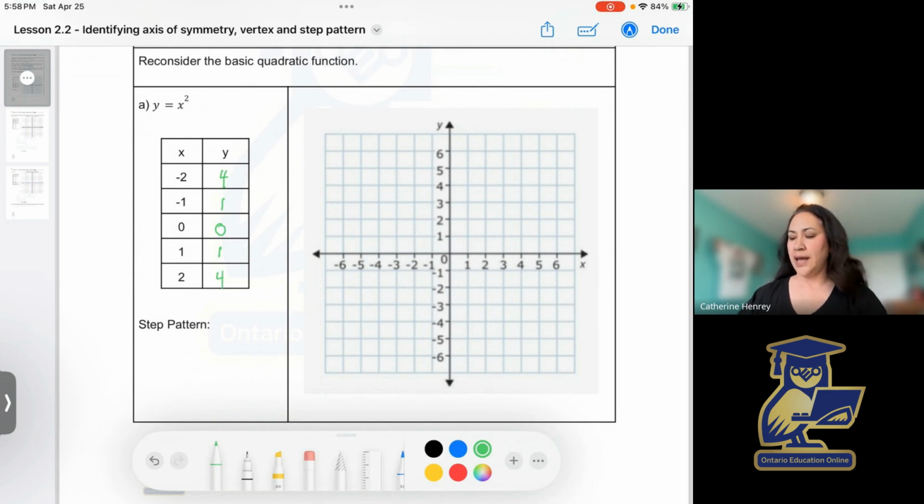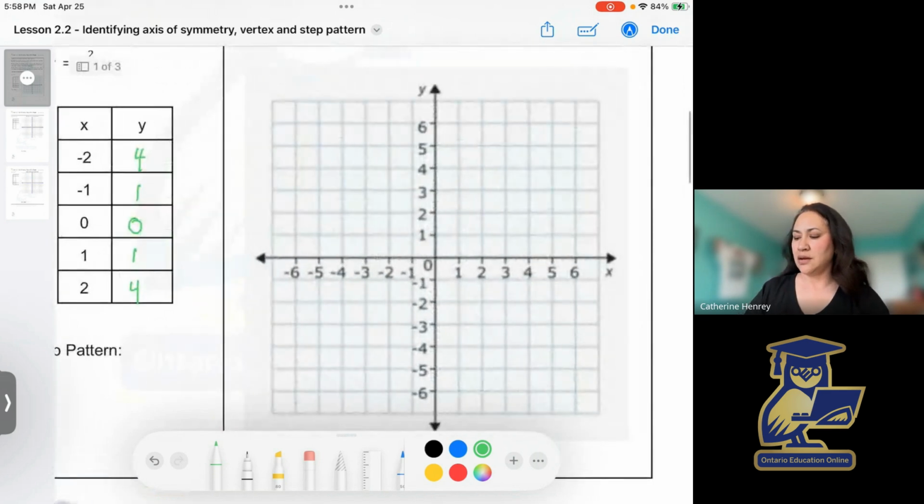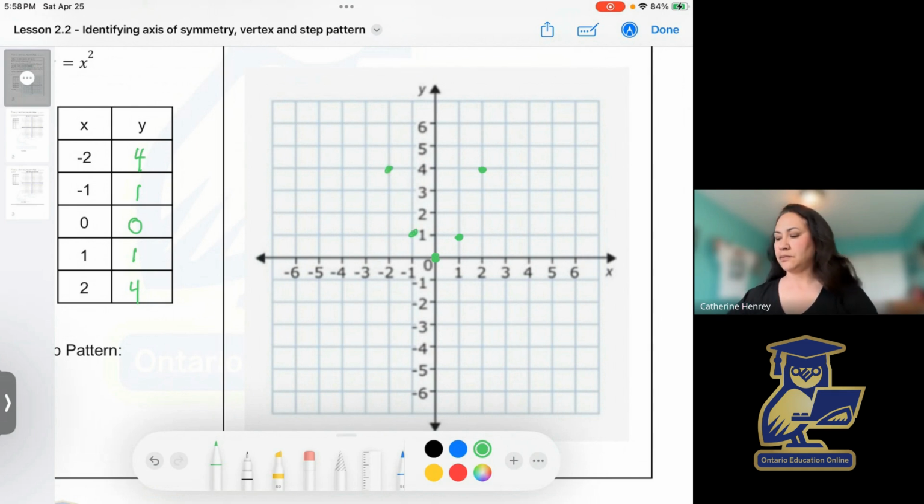So I'm going to go ahead and plot those points on this set of axes here: 0, 0, 1, 1, 2, 4, -2, 4, and -1, 1. So this forms the basic parabola, the parent function, y equals x squared.